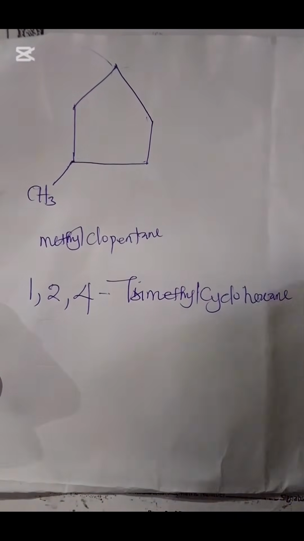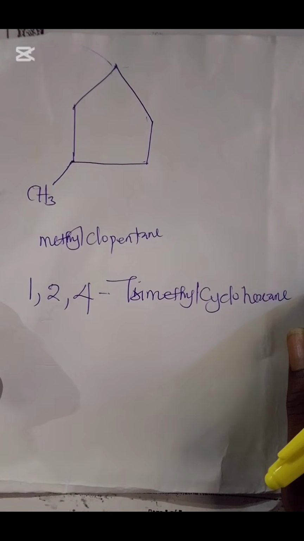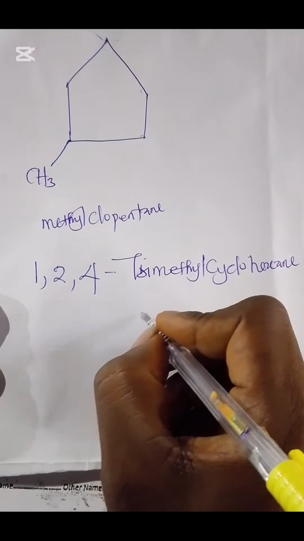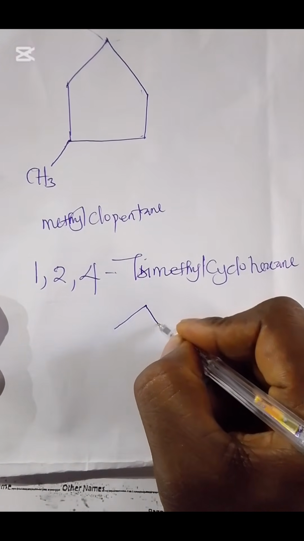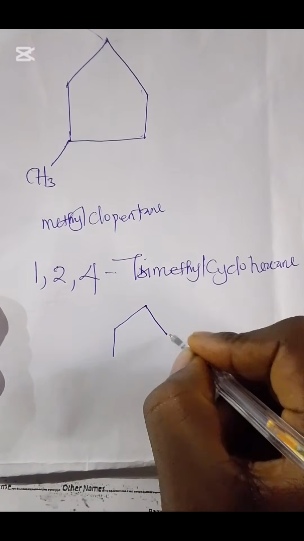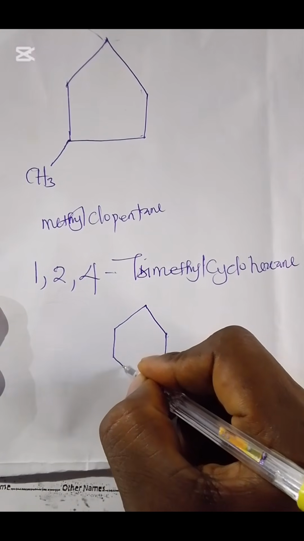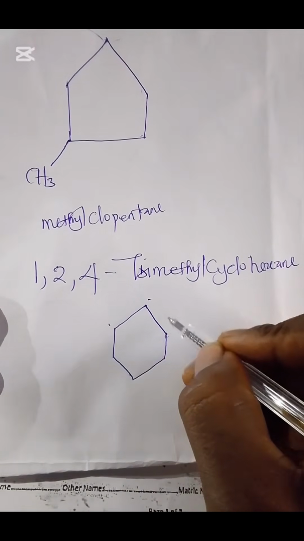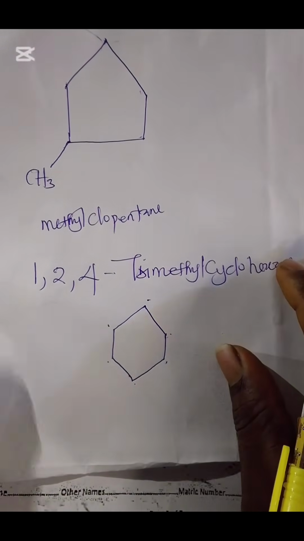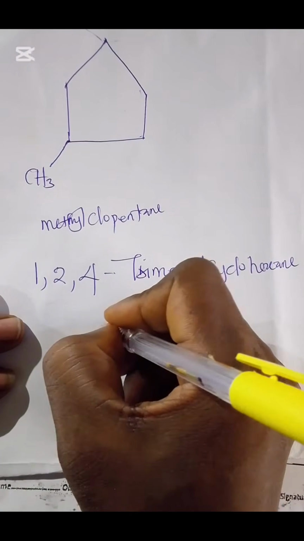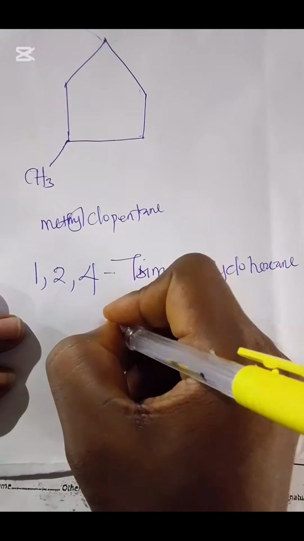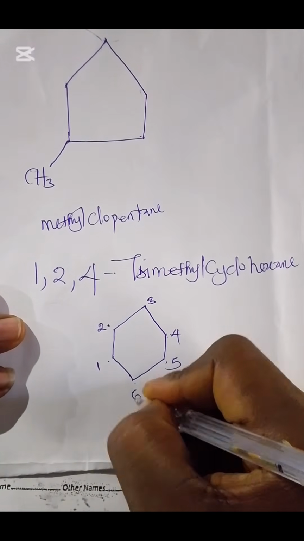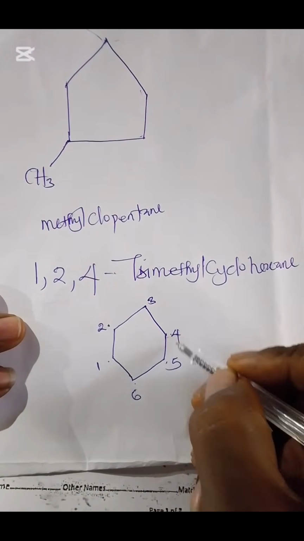But what we are about to draw now is going to have 6, because 6 represents hexane. So we have 1, 2, 3, 4, 5, 6.